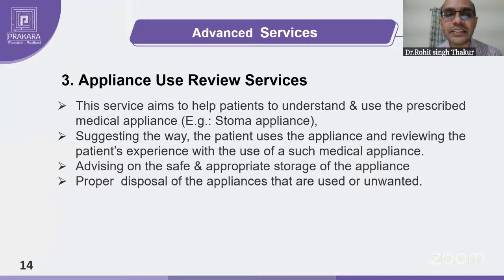Then comes the concept of appliance use review services. Now, this service, if you see, students, literally tries to help the patient to understand and use the prescribed medical appliance. For example, the stoma appliance.